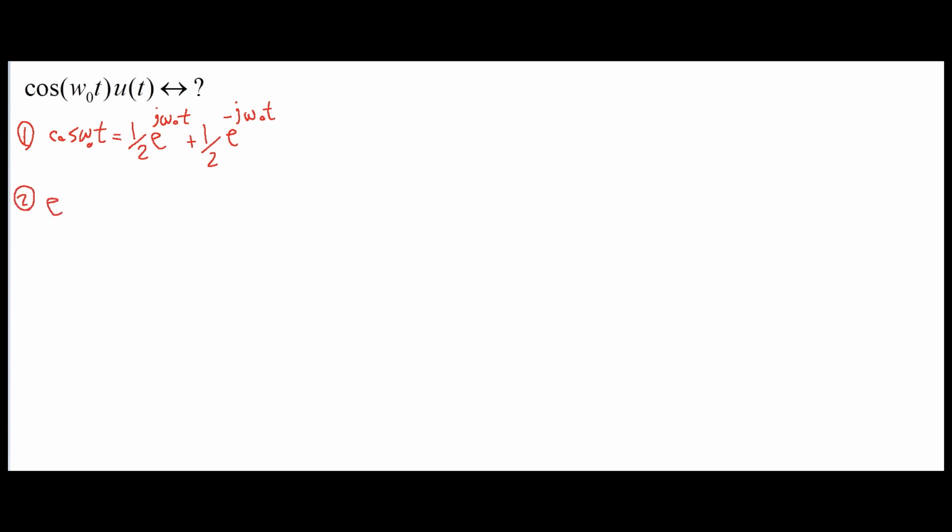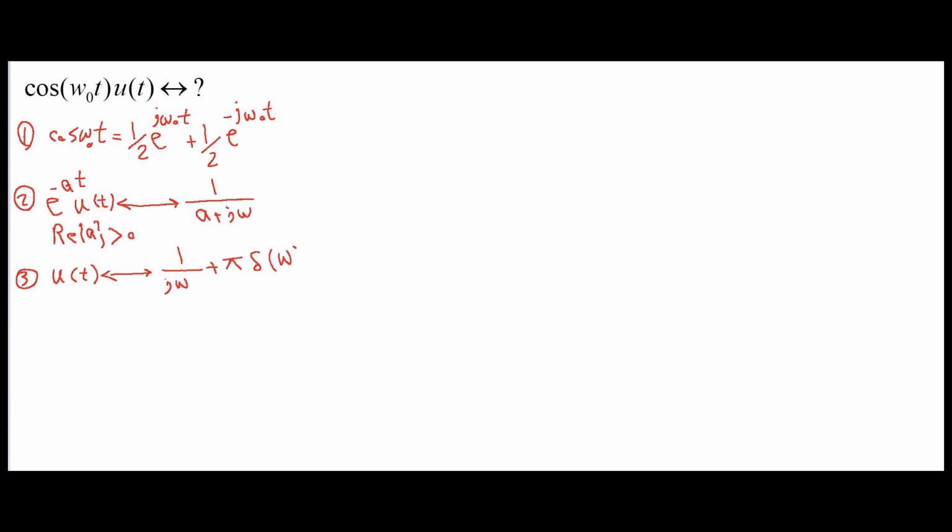The second point is that the Fourier transform of e to the power of minus at times u(t) can be written as 1 divided by a plus j omega, provided that the real part of a is positive. The third point is that the Fourier transform of signal u(t) is equal to 1 divided by j omega plus pi times delta omega.